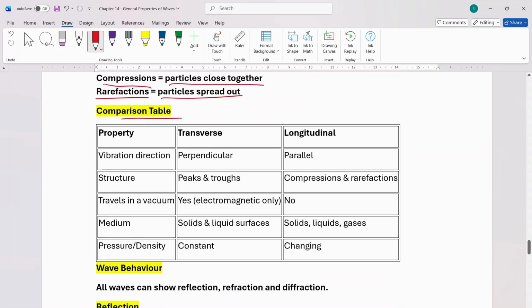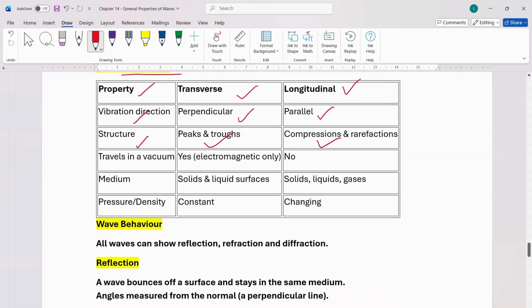We have a comparison table which shows the property and whether it is present in a transverse wave or a longitudinal wave. Vibration direction is perpendicular in transverse waves and parallel in longitudinal waves. Structure: peaks and troughs are in transverse waves, whereas compressions and rarefactions are in longitudinal waves.